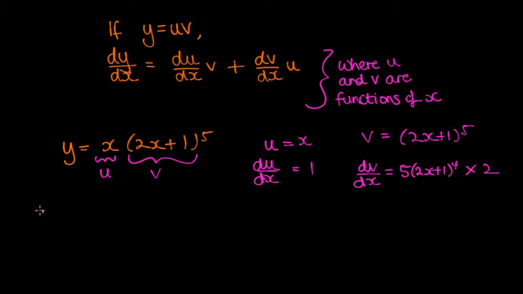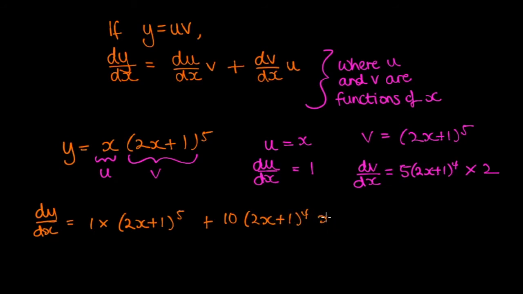So our answer for dy by dx is du by dx times v is 1 times (2x plus 1) to the power of 5. And then dv by dx times u is 10(2x plus 1) to the power of 4 multiplied by x.